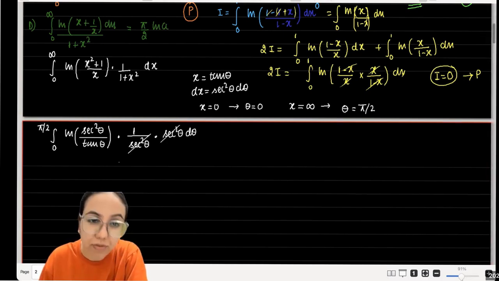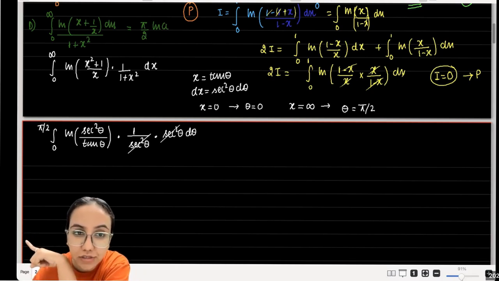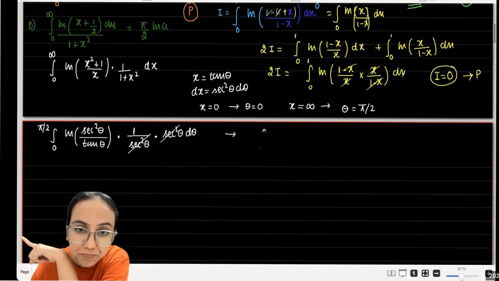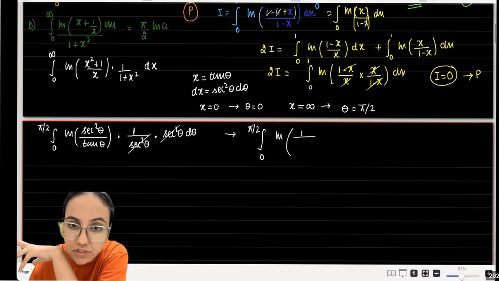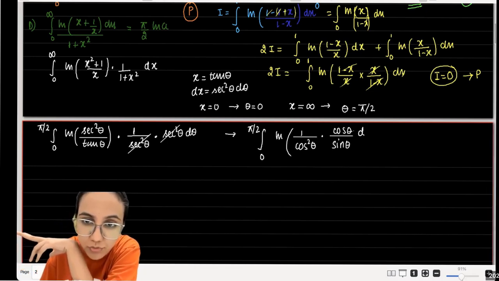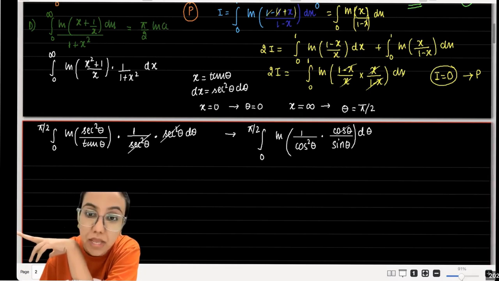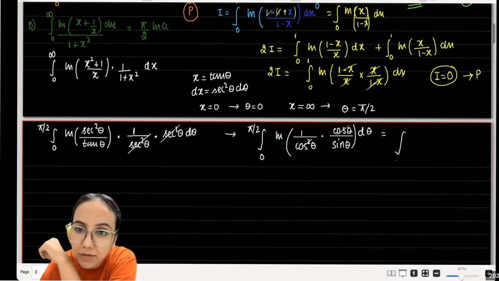What we see is secant square and secant square cancel, but an important thing right over here, let's simplify secant square theta over tan theta. You're going to get ln of secant square, which is 1 over cos square theta, and tan theta is sine theta over cos theta. That goes into the numerator, and cos theta again cancels.